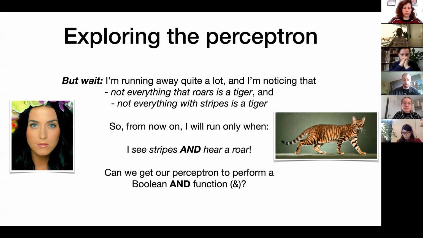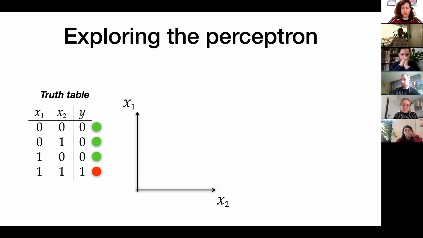And the question now is, can we set the weights of our perceptron such that we create a Boolean AND function? Now let's go through that possibility again with that triplet of truth table, geometric representation, and weights in the perceptron scheme. So now we're sort of making ourselves more conservative, right?